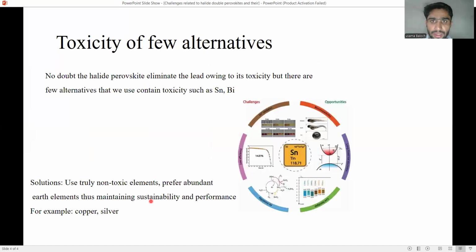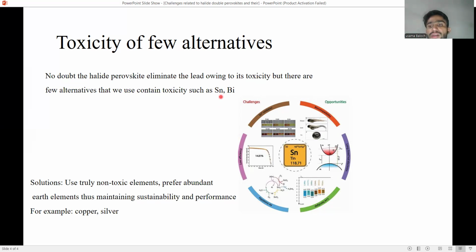Then, toxicity and a few alternatives. You are removing lead and putting in another material like Sn or Bi, and your aim was to reduce the toxicity. But when you introduce Sn and Bi, the toxicity remains the same.